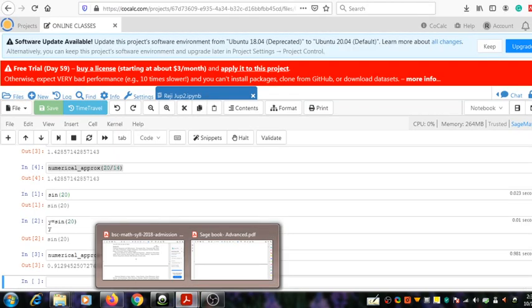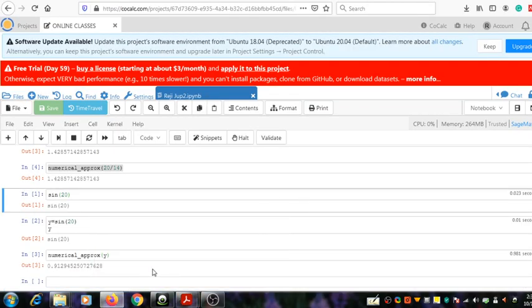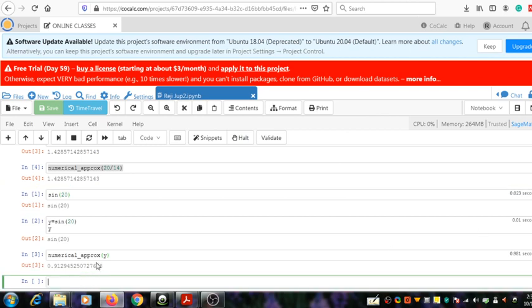Okay, then let's see some different ways of writing this. Let's discuss. I am going to define a variable here. x is a variable, and I have given x the value 20.